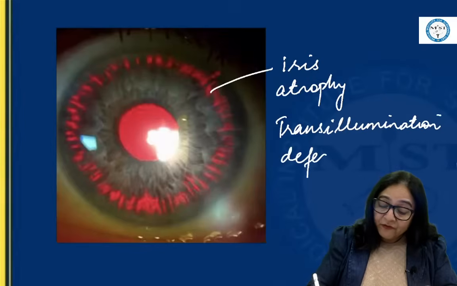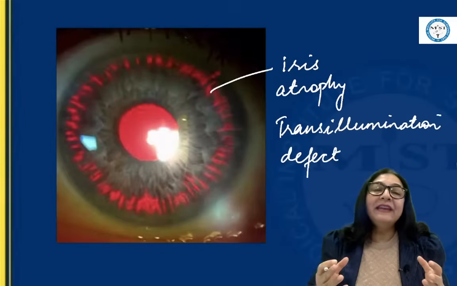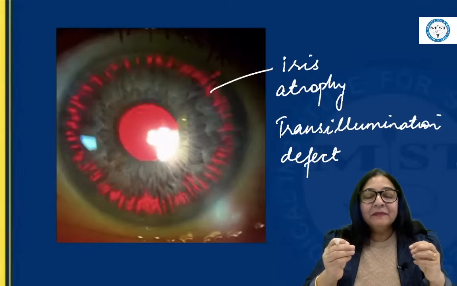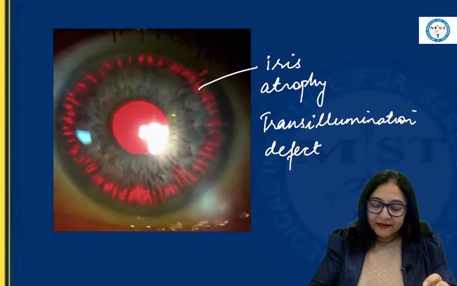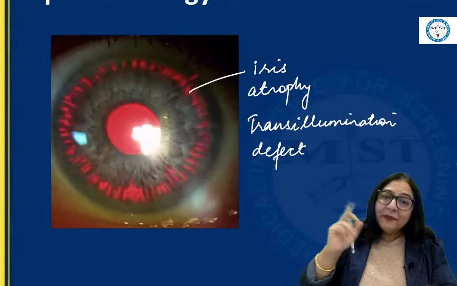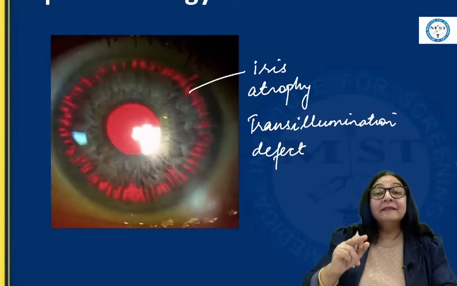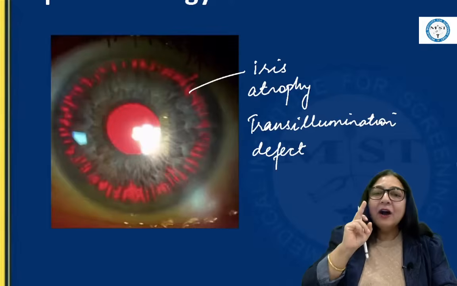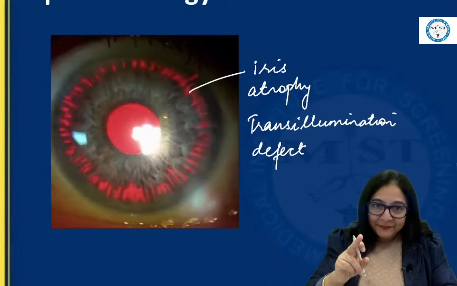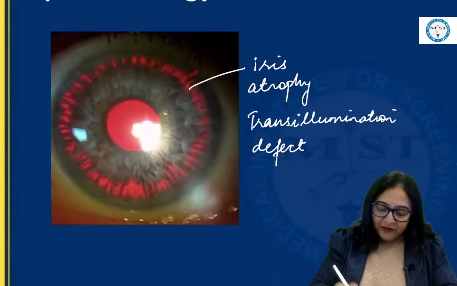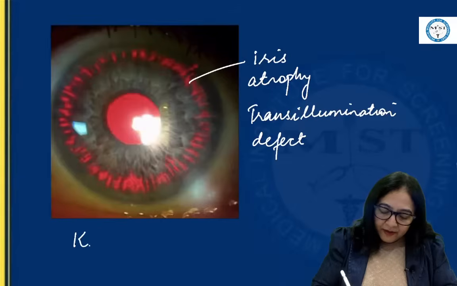Why is this iris atrophy occurring? Because pigment is being released, and this pigment released from the iris gets deposited on the corneal endothelium, leading to formation of a Krukenberg spindle.